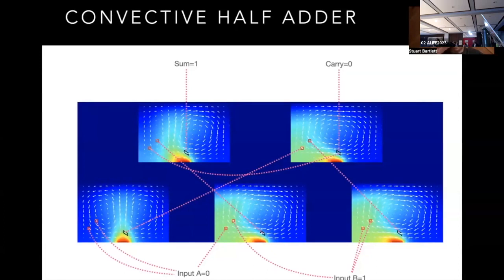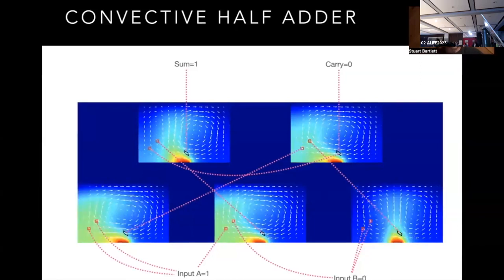And so we are still in that double convection cell state for the sum gate. So the output there is 1. But for the carry gate over there on the top right, that's receiving a single on input from the lower left gate. So it's flipped into the single convection cell state, giving that carry figure of 0.